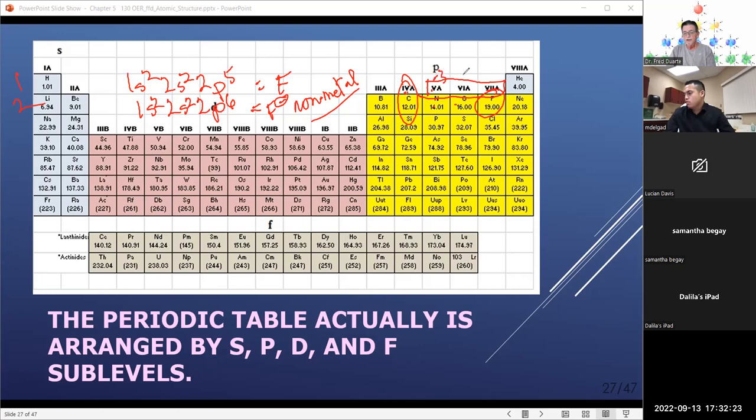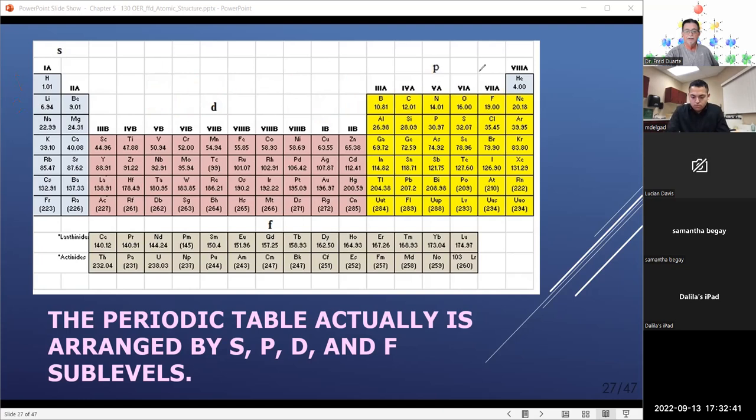Everybody in group 6 will pick up 2 electrons, ending up with a -2 charge. And everybody in group 7 will pick up 1 electron like fluorine to become fluoride. Okay. And the driving force is to get that 8. All right, let me stop it here. Slide 27. We'll continue.